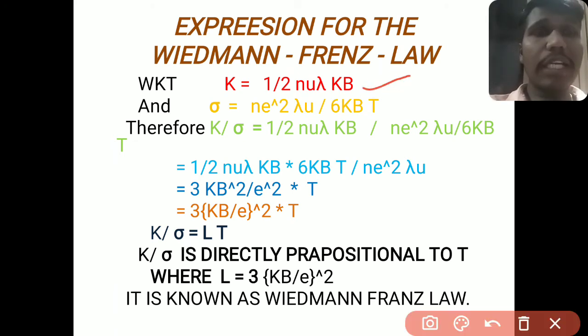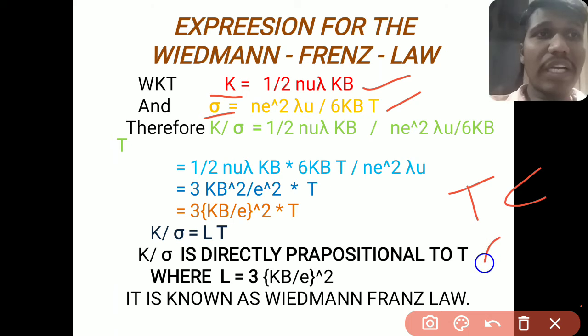The first one: K is equal to 1 by 2 nu lambda kB, which is defined as the thermal conductivity. And the second one: sigma is equal to n e square lambda u divided by 6 kB T, which is defined as the electrical conductivity.